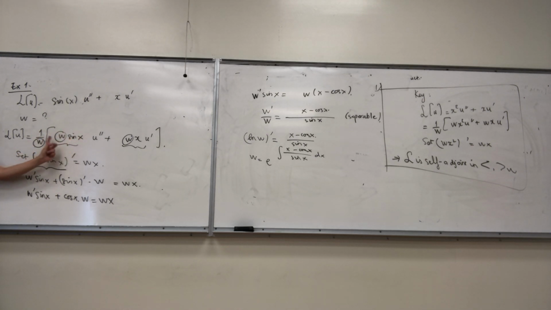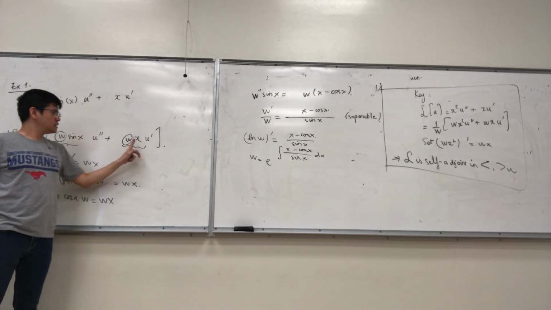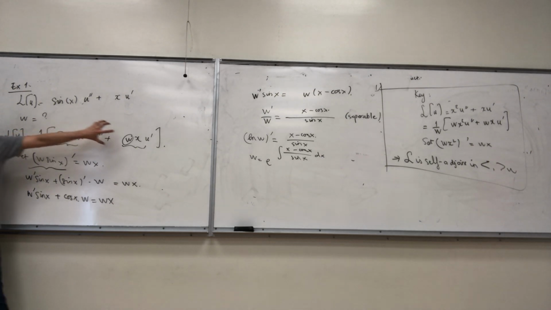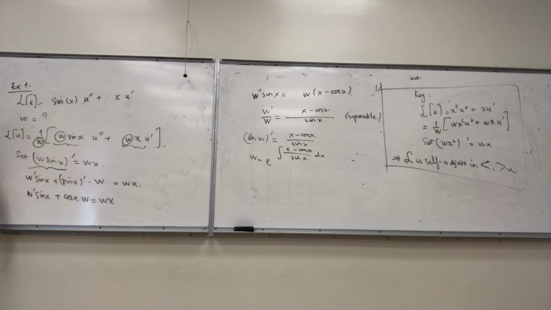Then you have w sinus of x u second plus wx u prime. So you're going to set the derivative of this guy equal to this guy. So you have w sinus of x prime equal to wx.